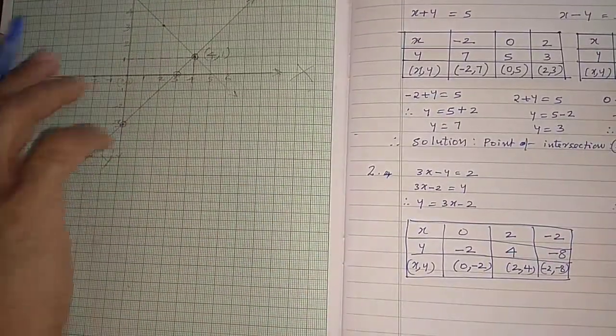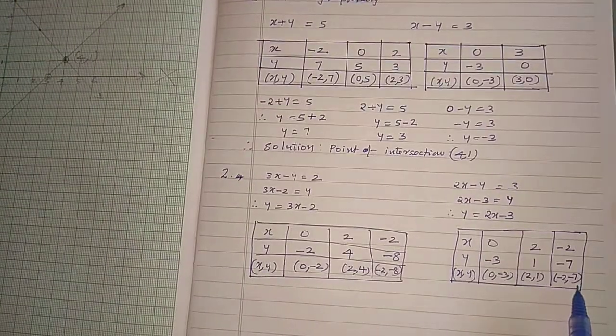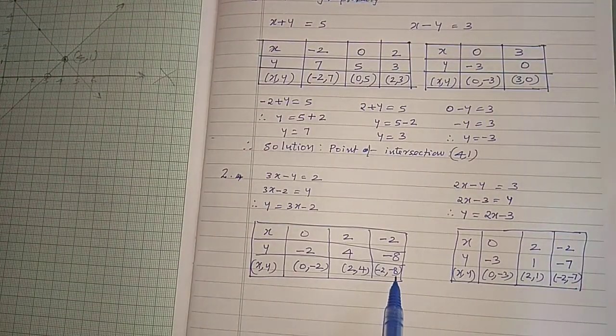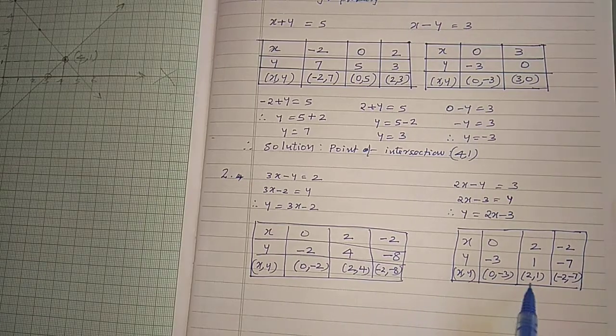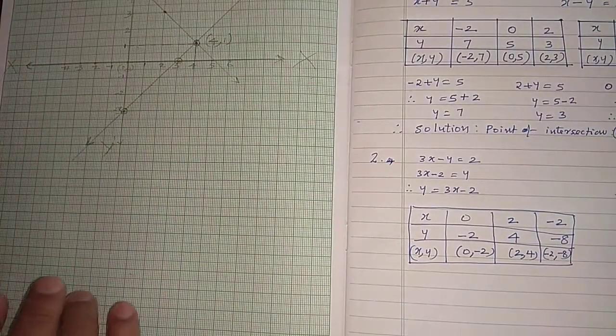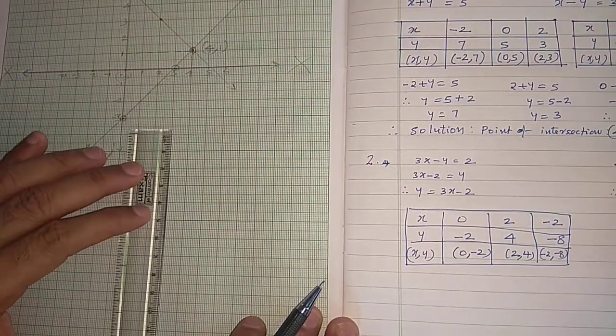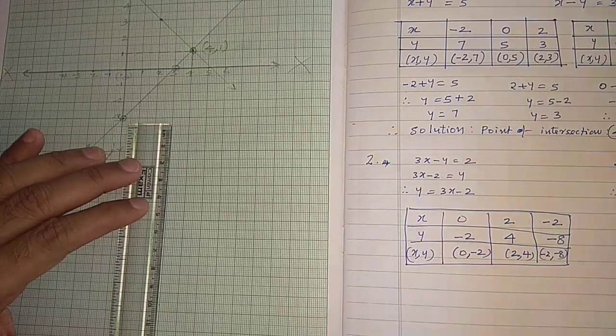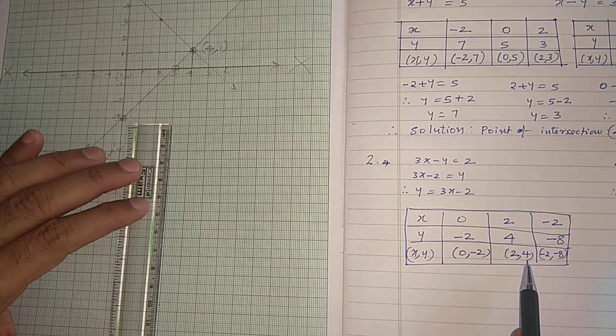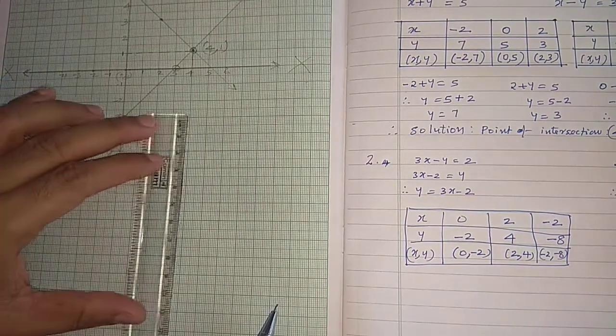Graph. Here, what minimum is required? Y minus 8, x 2. So we can go for that here. Y is minus 8 and also plus 4. So we have to take from here.